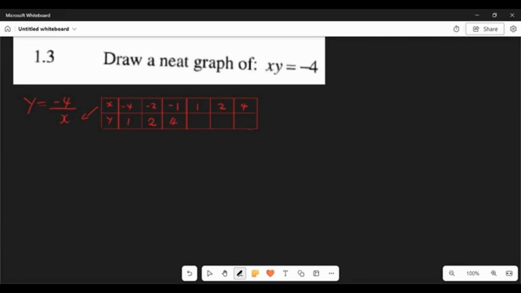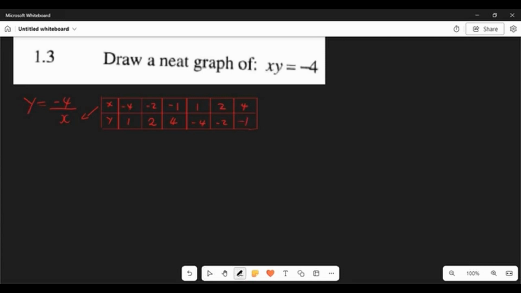So y is going to be 4. When x is 1, substituting 1 here is going to give us -4. Y is going to be -4. If we say x is positive 2, we're going to say -4 divided by 2. This is going to give us -2. And when we say x is positive 4, we substitute positive 4 here. It's going to be -4 divided by positive 4. The answer is going to be -1.